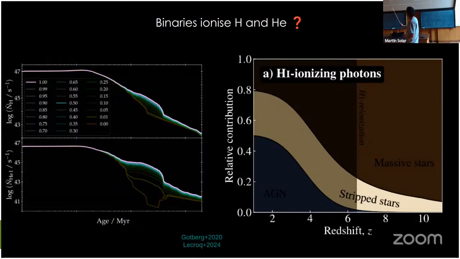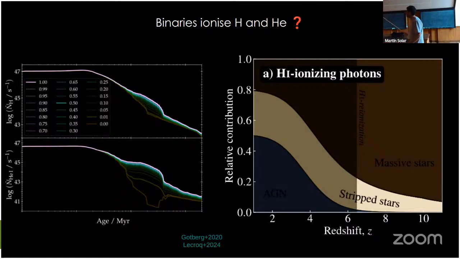In this plot, which is not my plot, I didn't describe this, these numbers represent the binary fraction. If we take 1, it means that all massive stars are going to be binaries. If it is 0, all stars are going to be single. This shows how efficiently the hydrogen is being ionized.